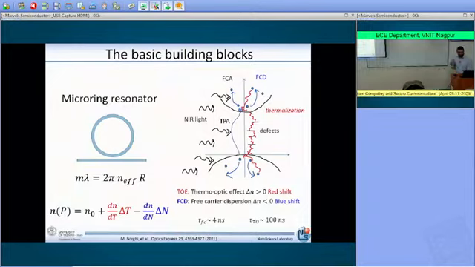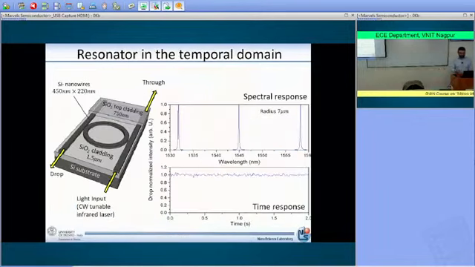So the basic physics here is associated with what is happening in a waveguide when you increase the optical power of the light that is traveling through. The wavelength of the light that we are using is a wavelength where silicon is transparent, 1550. Okay, so we are in the C band. So silicon here is transparent.